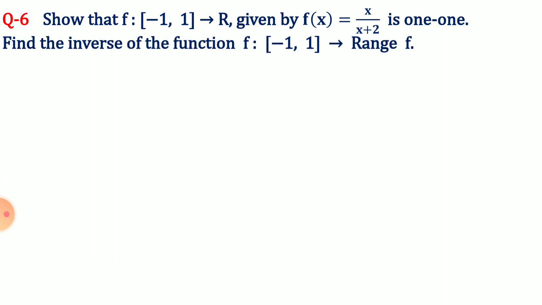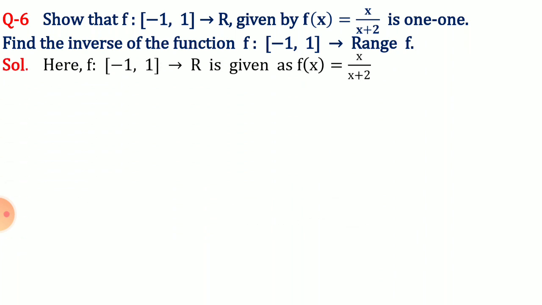Find the inverse of the function f from [-1, 1] to the range of function f. First of all, check whether it is one-one. Here f is given as f of x equal to x upon x plus 2.